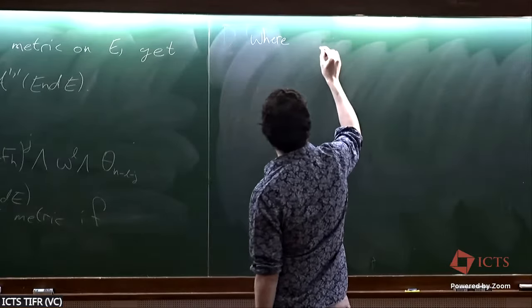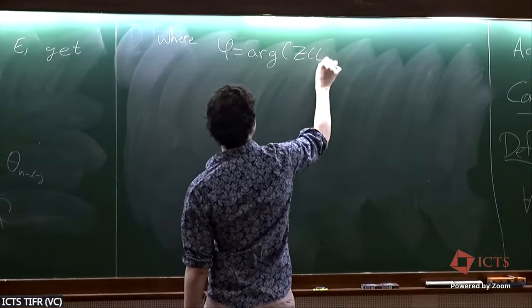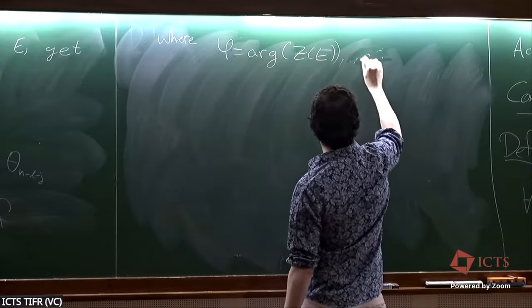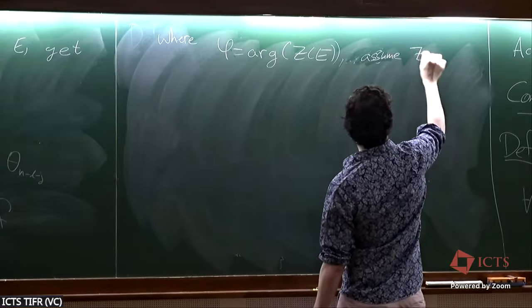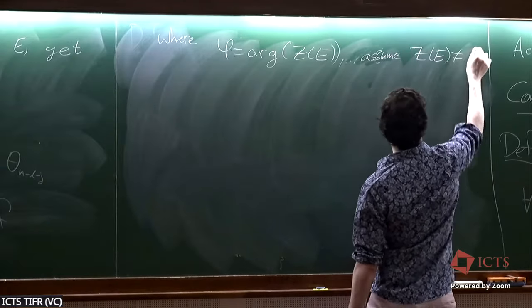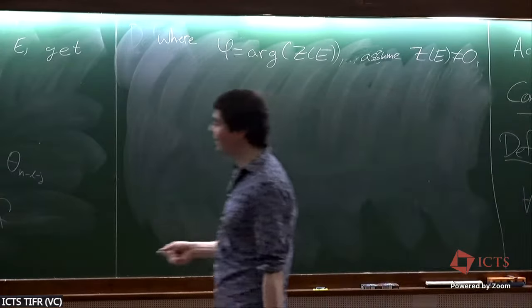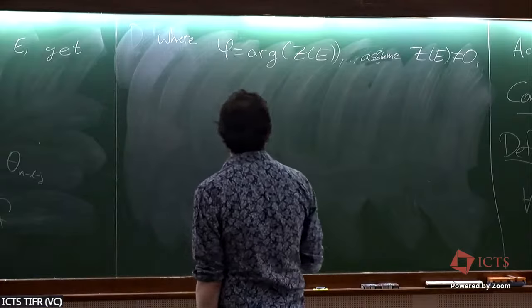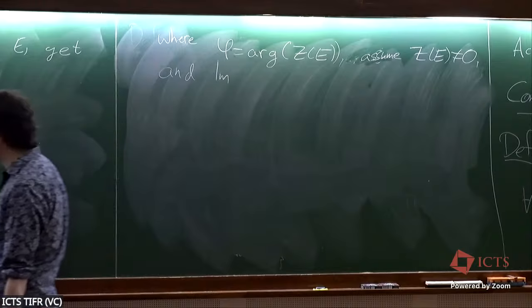First of all, phi is the argument of Z of E, so it's the angle that we get, and I assume Z of E is non-zero, so that's a basic requirement to make sense of this equation. That tells you what the interior of the brackets is, and I just need to tell you what imaginary means. So this is an (n,n) form with values in End.